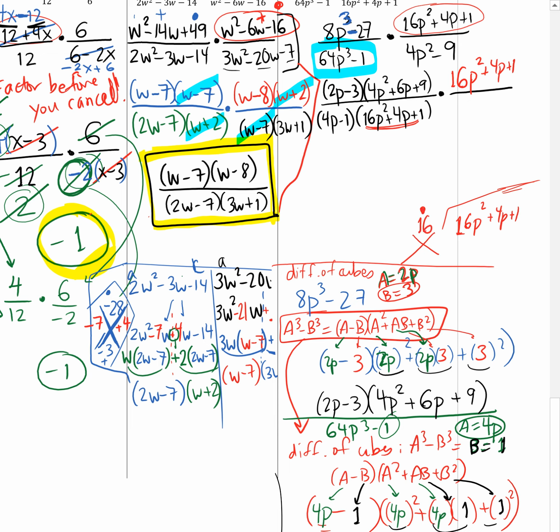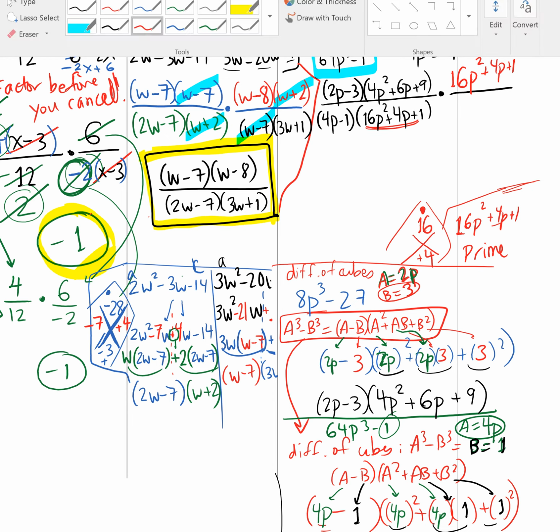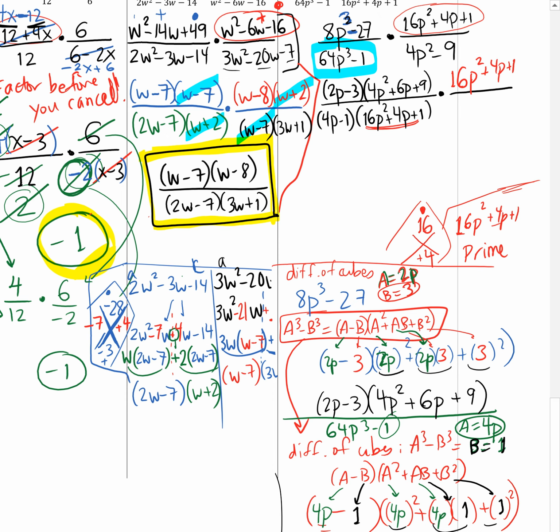So you say, what multiplies to that but adds up to the middle guy, 4. There are actually no such numbers. There's no numbers that multiply to 16 but add up to 4. Like 16 is 8 times 2, but those don't add up to 4. 16 is 1 times 16, but those don't add up to 4. 16 is 4 times 4, but those don't add up to 4 either. This is prime. But don't worry, even if you tried to factor that guy, it wouldn't work anyway. But don't panic, because he's going to cancel with his friend over here anyways.